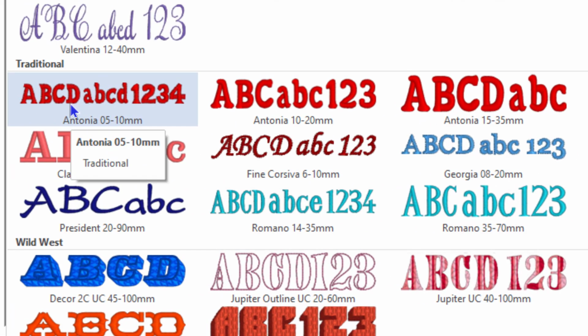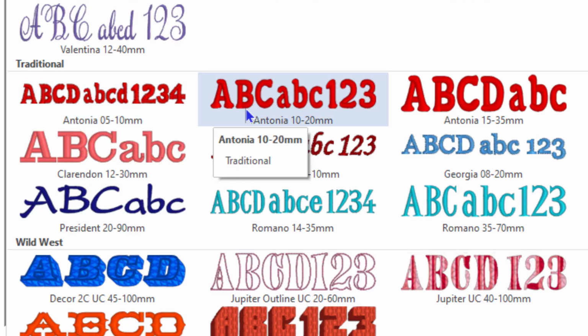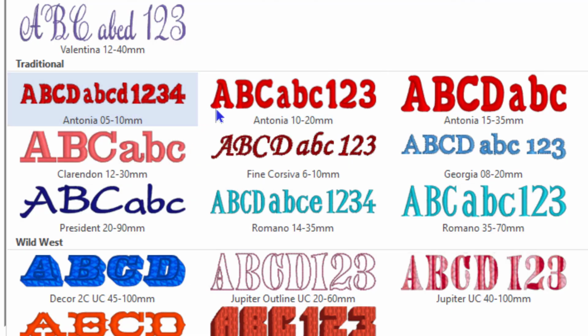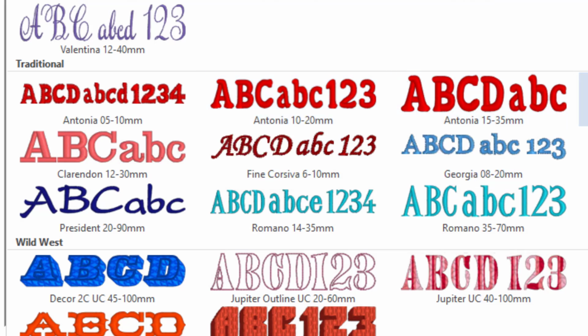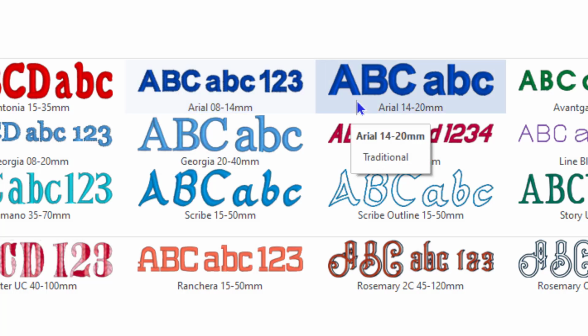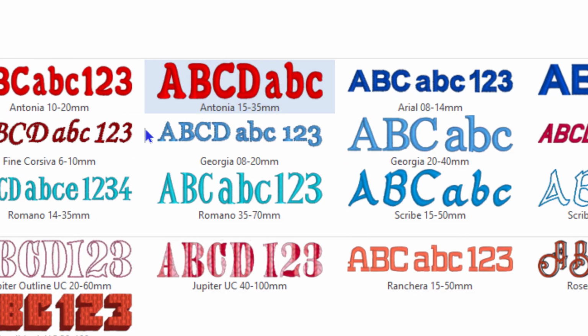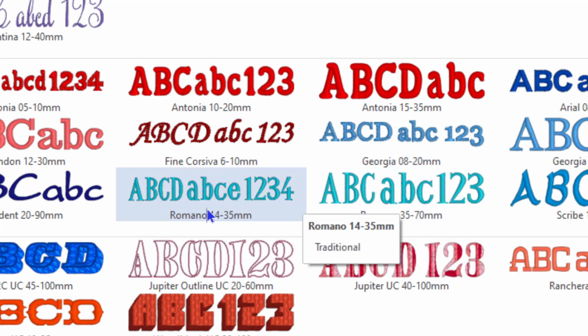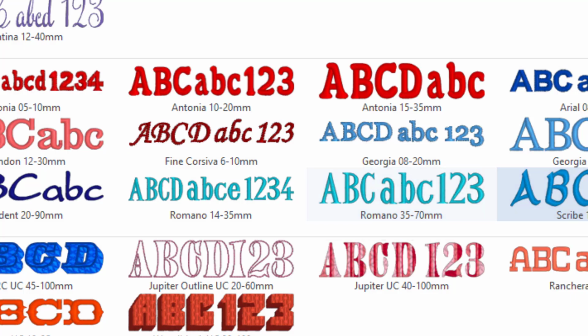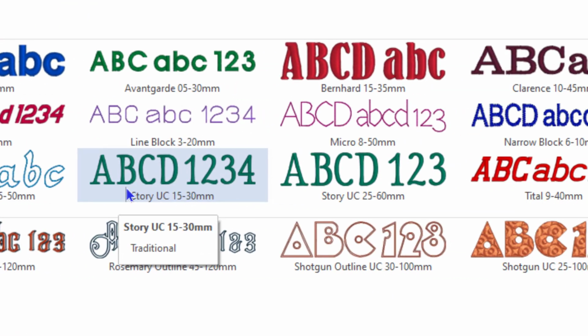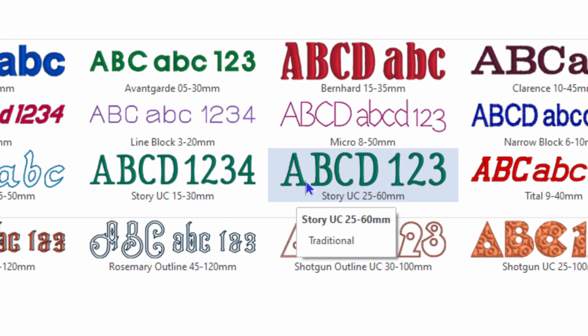We have Antonia from 5 to 10 millimeters, 10 to 20, and 15 to 35. We have Arial, 8 to 14, 14 to 20. We have here Romano from 14 to 35, and then 35 to 70. In Story, we have 15 to 30 and 25 to 60 millimeters.